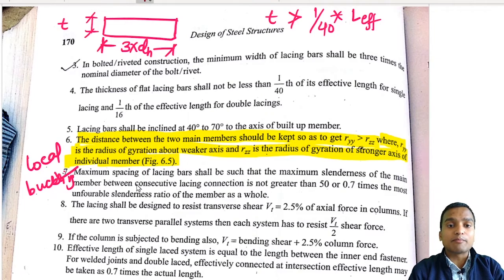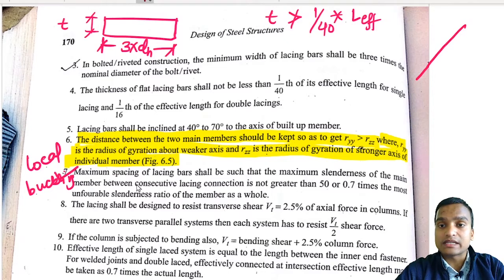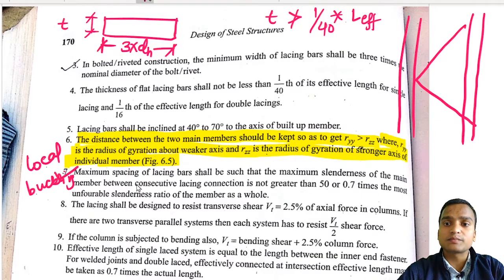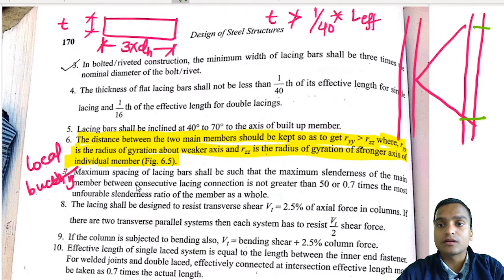So the maximum spacing of lacing bars shall be such that, now there is one lacing bar like this and one lacing bar like this, and these lacings are connecting two main members like this. This spacing should be such that this length, the local length of the main member, should not buckle.